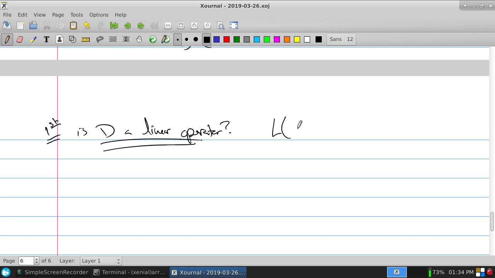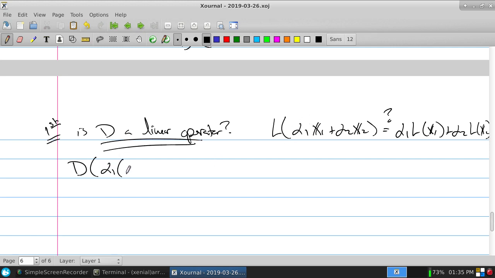What's a linear operator? Show that D of alpha 1 x1 plus alpha 2 x2, where alpha 1 is a constant, but what's x1? Where's it from?